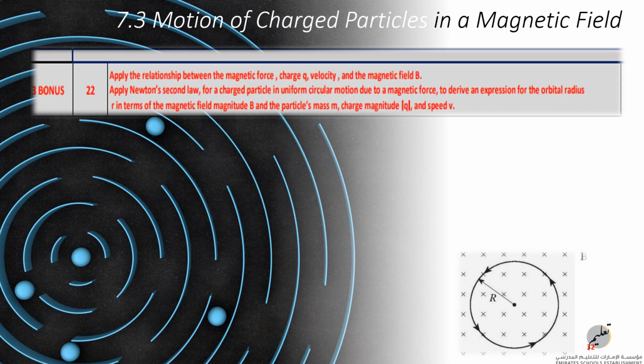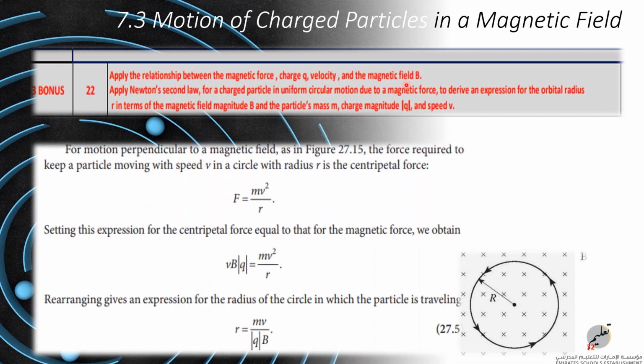And here we are with the last bullet, number 22. Apply the relationship between the magnetic force F, charge Q, velocity, and the magnetic field B. So we need to find the relationship between all these three parameters. So yes, that's it. It's R, which is the radius. Why do we have a radius?